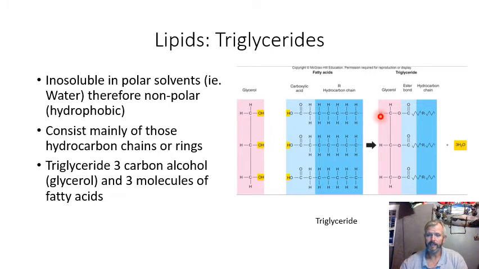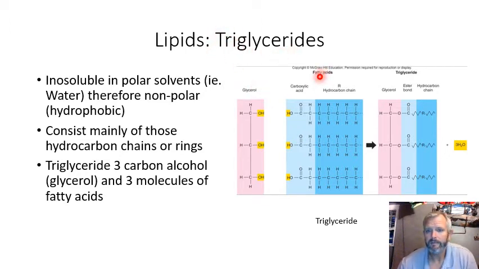Okay, so these fatty acids that are going to help make our triglycerides, these long chains of carbons, have a nonpolar characteristic to them. Therefore, they don't like to mix with that polar solvent of water. Okay, but how do we make a triglyceride? Tri meaning 3.